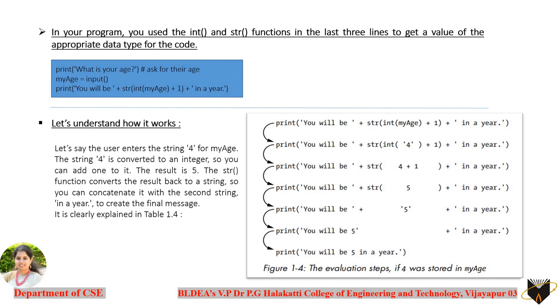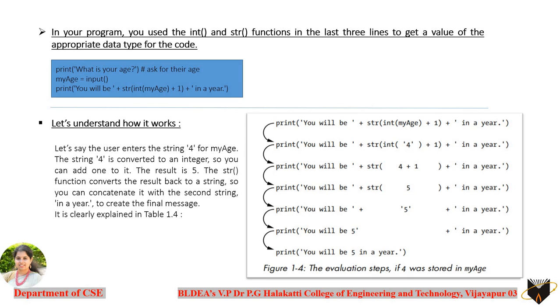So coming to the last part here, the same program that we have done in the previous example, that is reading the username, reading the age, adding 1 to the age, and then displaying the result. The same thing has been taken here to understand how it gets converted every time.